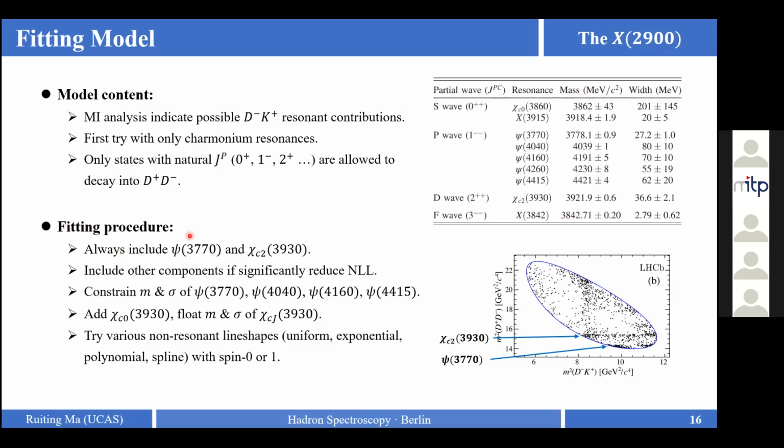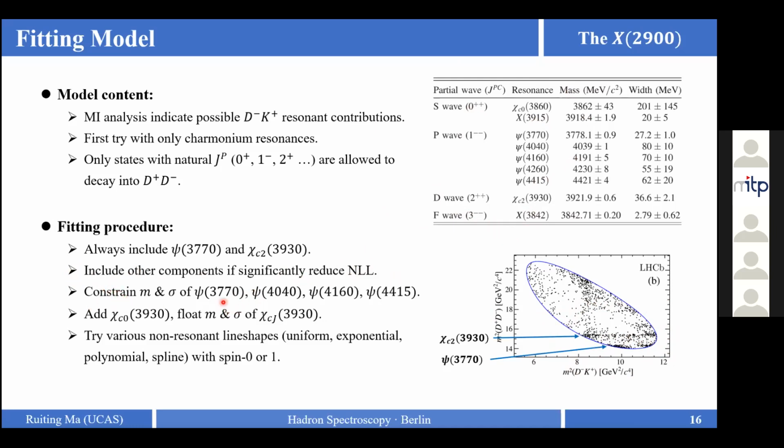For the fitting procedure, first, we always include the Psi(3770) and the χc2(3930) in the fitting model because these bands are obvious in the Dalitz plot. Then we test the other charmonium components in the table to see if they can significantly reduce the negative log-likelihood.